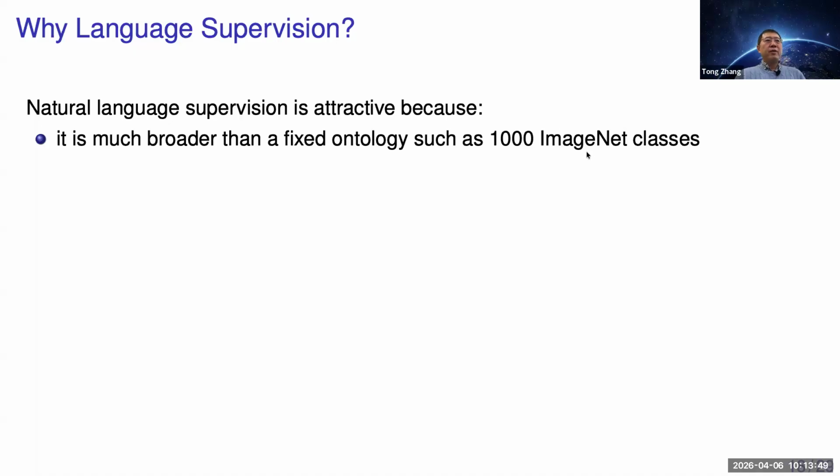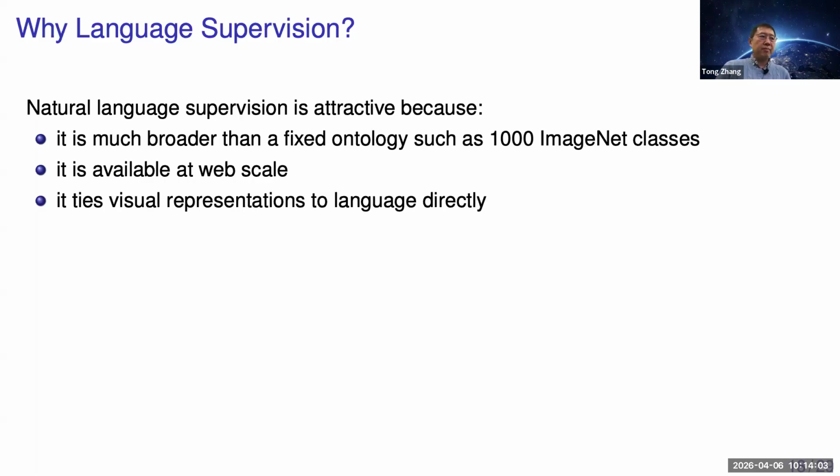Also, if images contain more than one object, it's very difficult. There are various issues. With natural language, it's much easier to get more of these supervisions, and you can tie your supervision to language more directly.